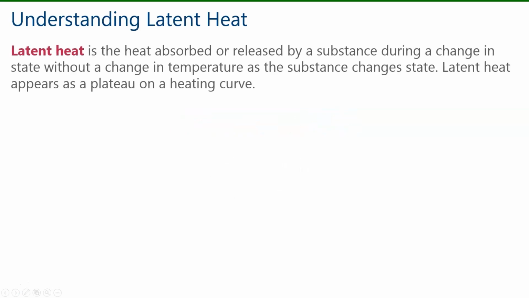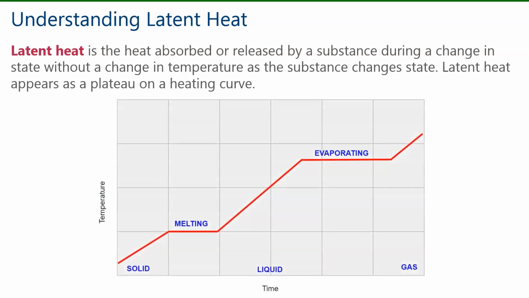Latent heat is the heat absorbed or released by a substance during a change in state without a change in temperature as the substance changes state. Latent heat appears as a plateau on a heating curve. So we'll see on this heating curve, we have a plateau here and a plateau here.